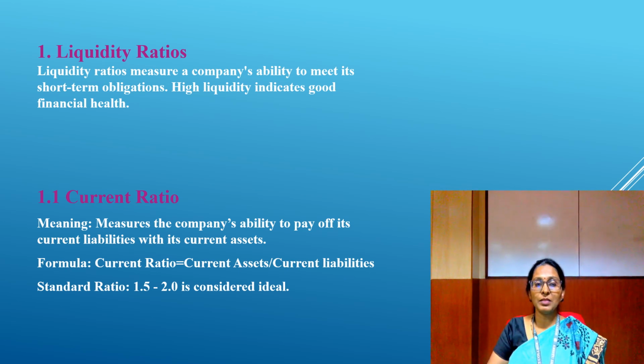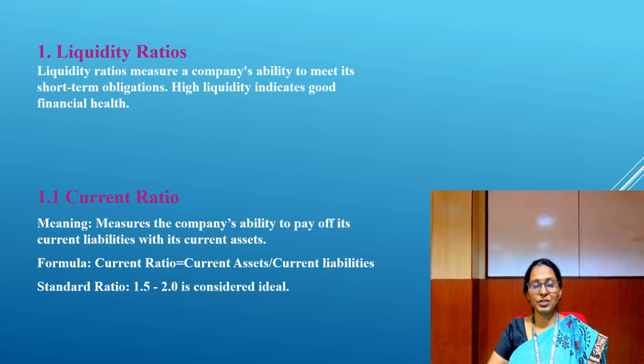Or if I am part of the management team, say the production manager, I may be interested in turnover ratios, which tell us how fast our raw material is converted into finished products. Like this, we have different types of ratios depending on the purpose or the people who are going to use them, and we choose accordingly.